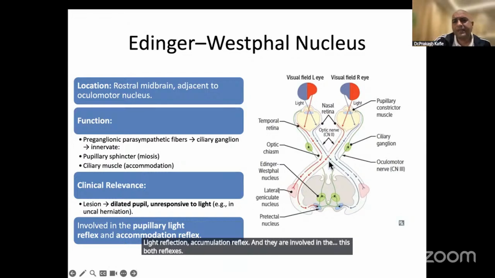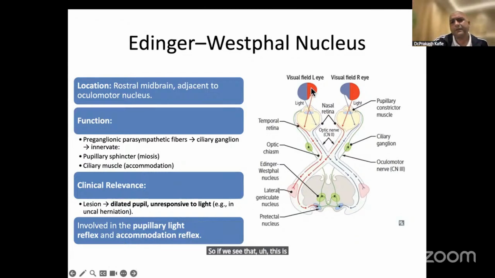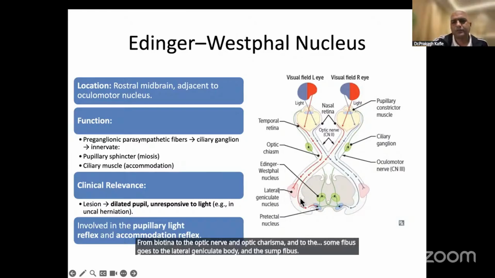If we see, this is the light source coming onto the retina, and it goes to the optic nerve and optic chiasma. Some fibers go to the lateral geniculate body, and some fibers go to the pretectal nucleus.